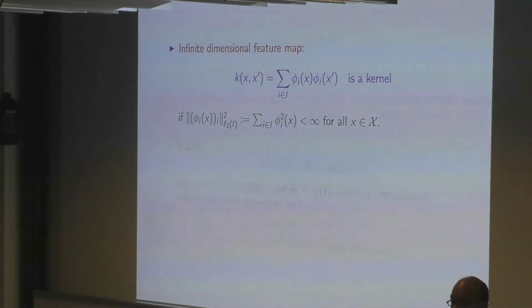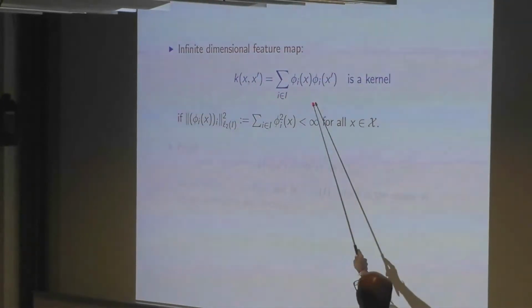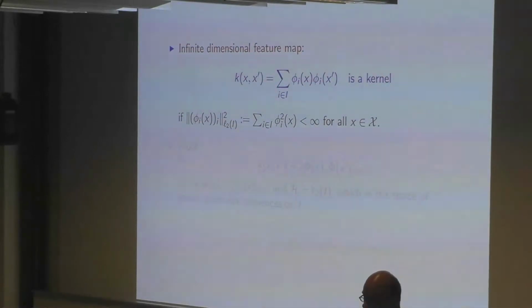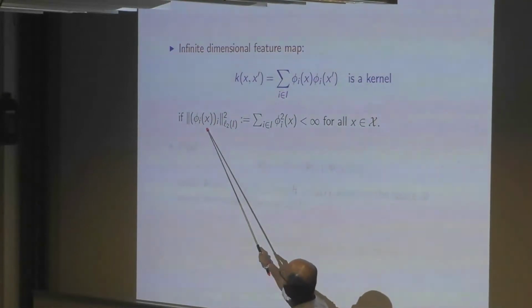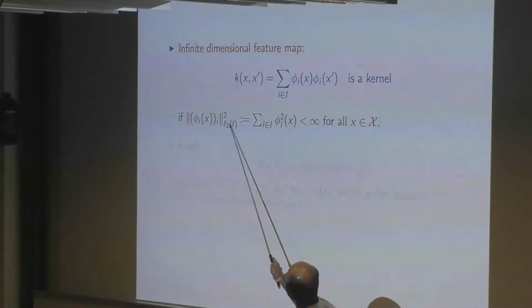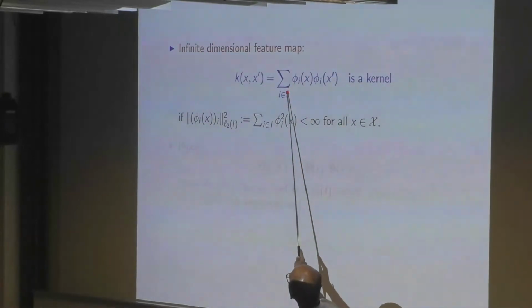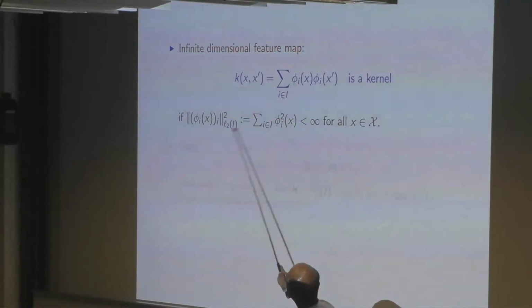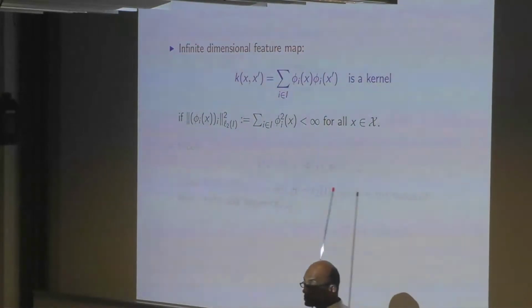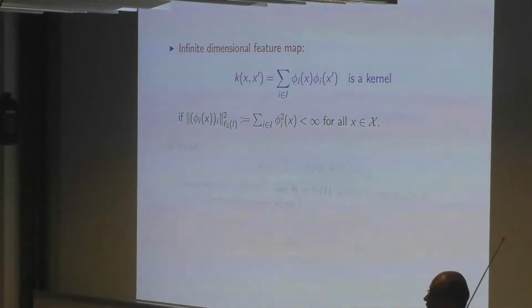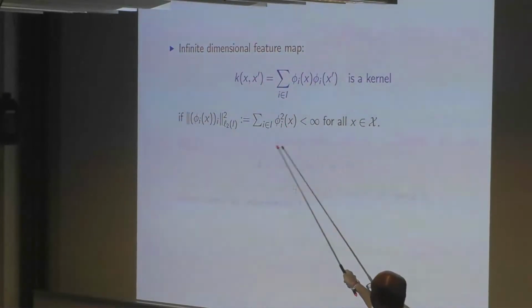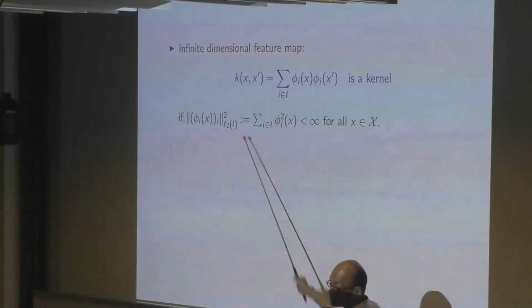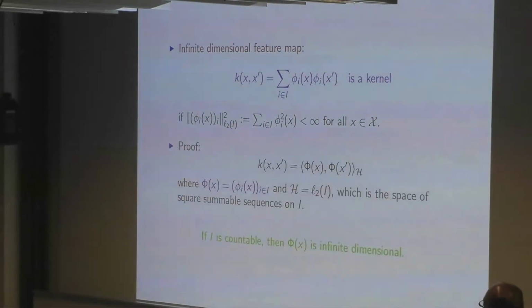The next thing is that the feature map could be infinite dimensional. So let's say I define a kernel in this fashion. Again, a bit of notation: this notation says I have a sequence phi i's indexed by the index set I. So I is some set, and little i takes values in this I. And L2 of I is the space of square summable sequences, defined as the sum of phi i squared of x, and this is the norm with respect to this L2.